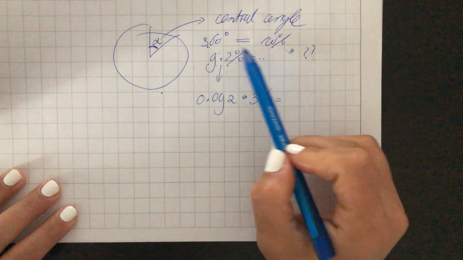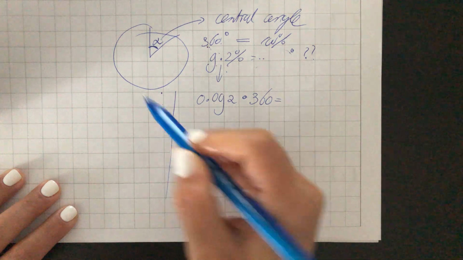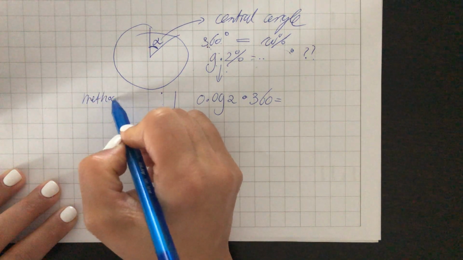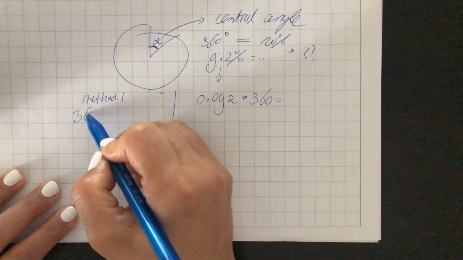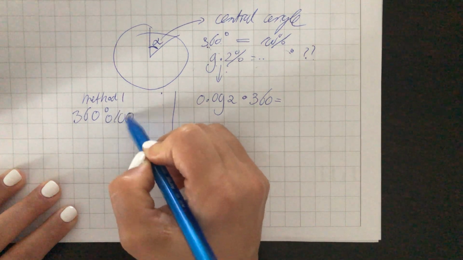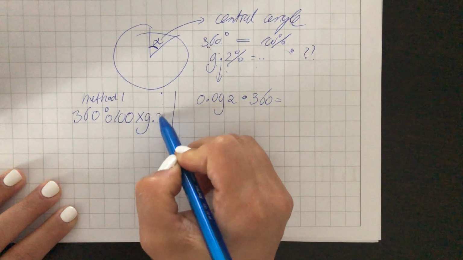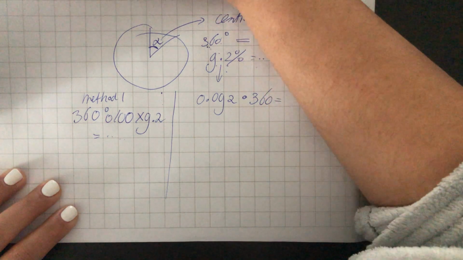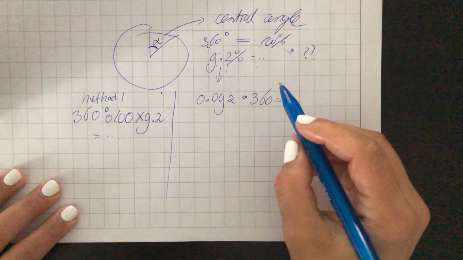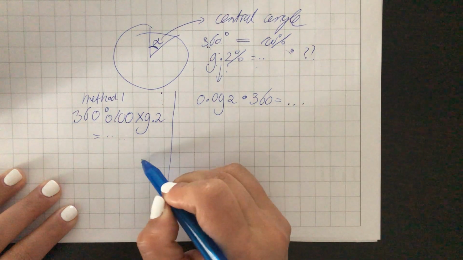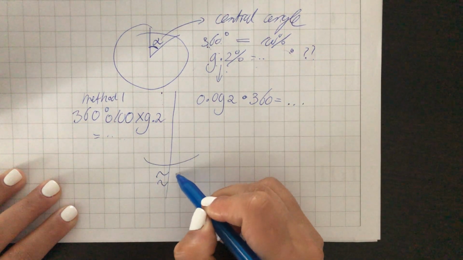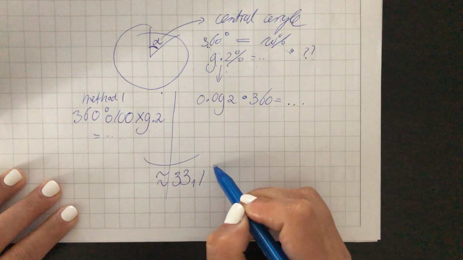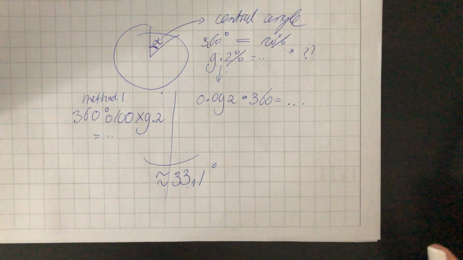You can also say, I'm going to find 1% first. So method 1 is I'm going to divide 360 by 100, and I multiply that times 9.2. You will also get the same answer. So get the calculator, type it in, and eventually both answers, when you round, must be 33.1 degrees. And then you can find it.